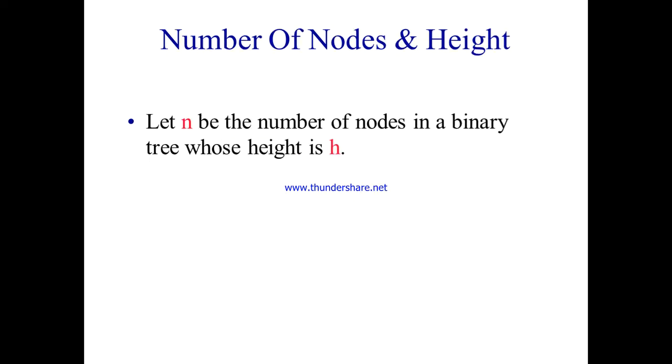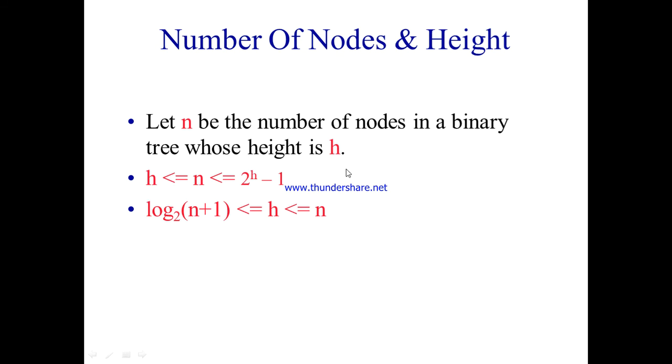So if I am representing the number of nodes and height, how will it be? Let n be the number of nodes whose height is equal to h. So how can I represent it? h is less than or equal to n is less than or equal to 2 power h minus 1. Why? Because h is the height, so the number of nodes will be greater than or equal to the height.